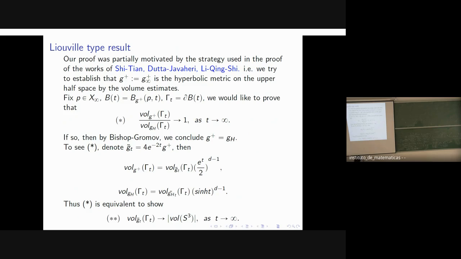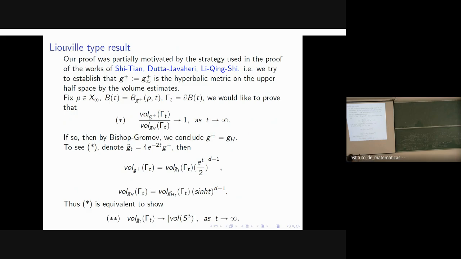This is the conformal factor, which comes out as (e^t/2)^(d-1). And the corresponding thing for the hyperbolic metric is the same way, but there is a sinh. But sinh and this exponential as t tends to infinity are the same. Sinh is (e^t - e^-t)/2, while t goes to infinity.